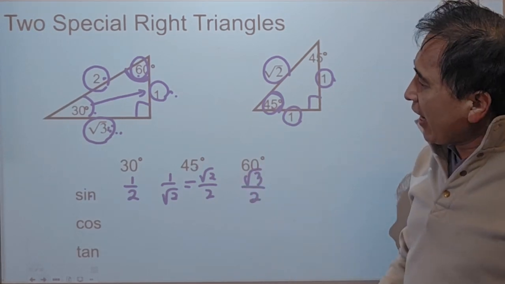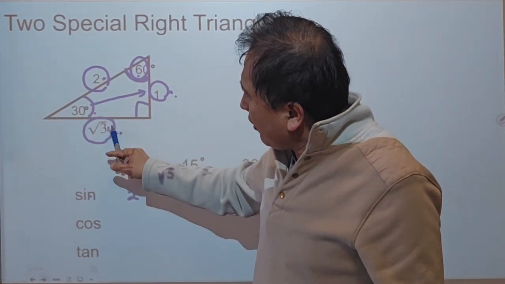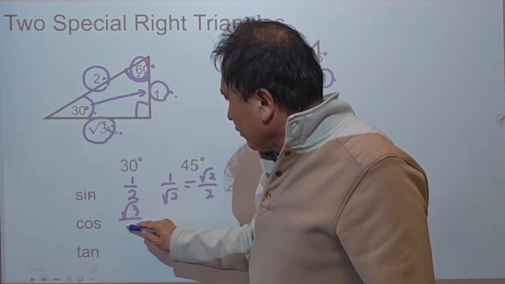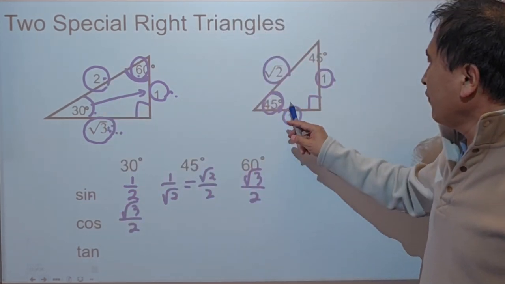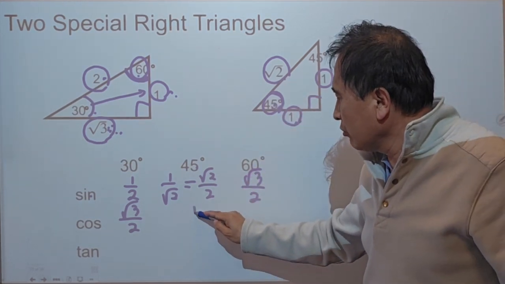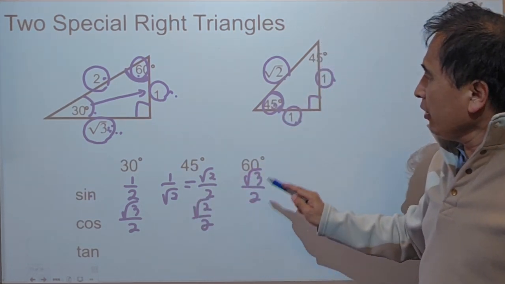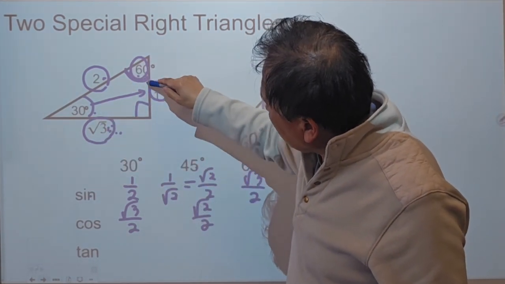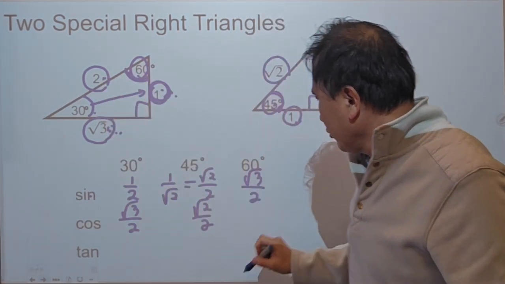Cosine 30 is adjacent over hypotenuse, root 3 over 2. Then cosine 45, using this angle, is 1 over root 2 again, which is root 2 over 2. And cosine 60 now, the adjacent is here, 1 over 2.